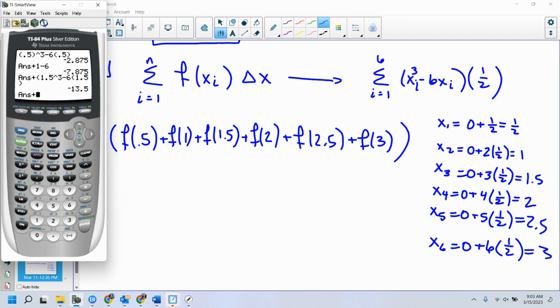Plus, let's do 2. 2 to the third, minus 6 times 2. Plus, and this is going to give me 2.5 to the third, minus 6 times 2.5.